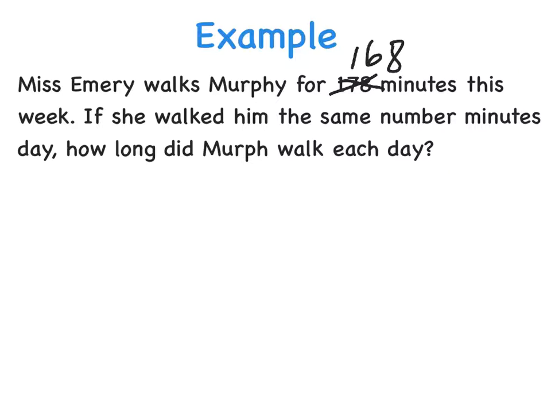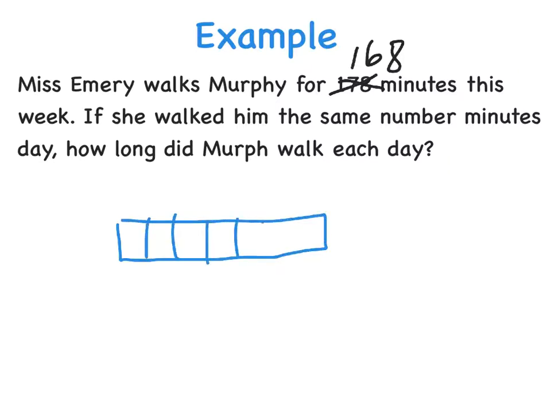So this one's different because I do know the number of groups we have, meaning I know how many boxes to draw. Since there's 7 days in a week, 2, 3, 4, 5, 6, my picture needs to have 7 parts. The difference here is that I don't know how many goes in each part.